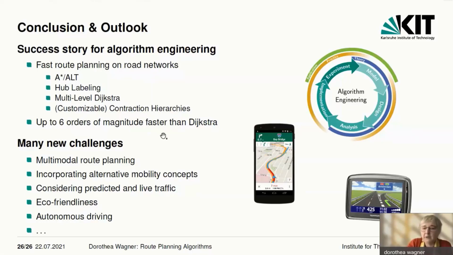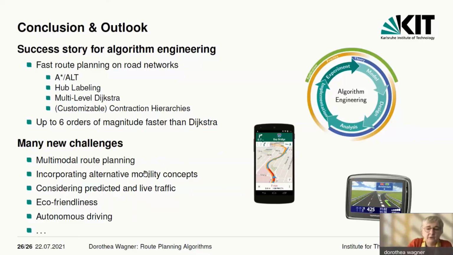This is possible, but it turned out over the years that there are faster techniques that are tailor-made for timetable information. But as soon as we want to combine different modes of transport, as soon as we consider multimodal route planning, of course, road networks come in again, and these techniques like multi-level Dijkstra and contraction hierarchies have to be considered again, now in combination with tailor-made timetable information methods.